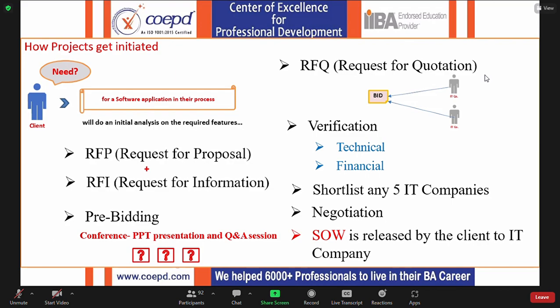RFI: whatever you have in your thought process, you want to have an IT solution for it. The RFI is going to address that thought process in the lines of an IT application. If you are telling them, these are the functionalities I'm working with in my current process, then we say, okay, you need to have these modules.